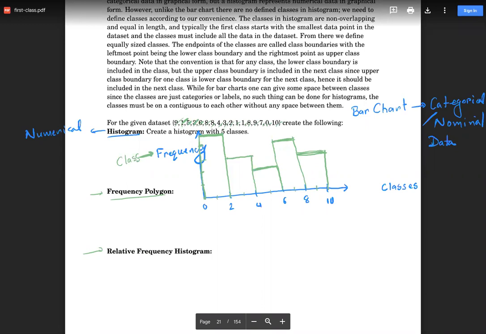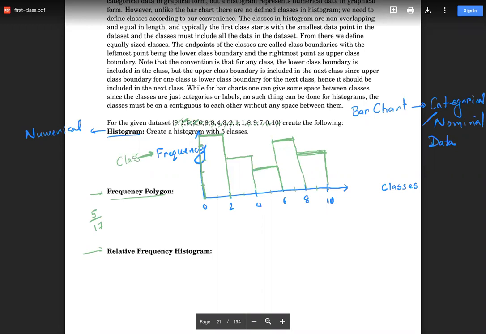Out of 17, 5 of them fell in the first category. So first class, it's going to be 5 divided by 17. 5 divided by 17 is 29.41%.